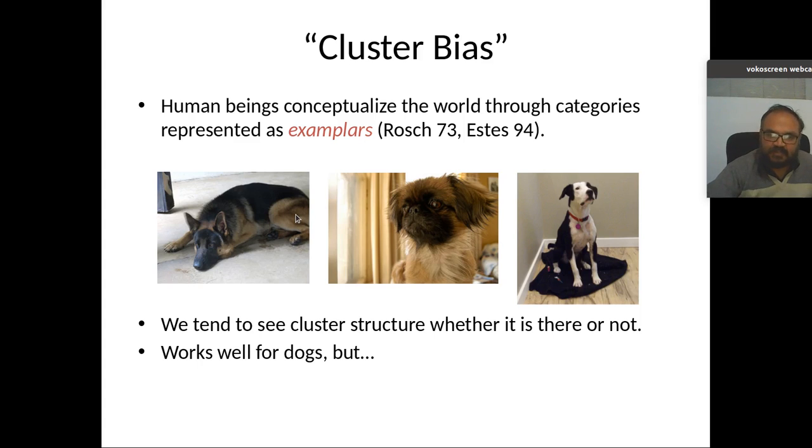So we tend to see cluster structure whether it is there or not. In reality, in our actual real life, the data is mostly continuous. So it works well for dogs, but it doesn't necessarily work for other things. So this clustering or exemplifying our environment creates a bias.